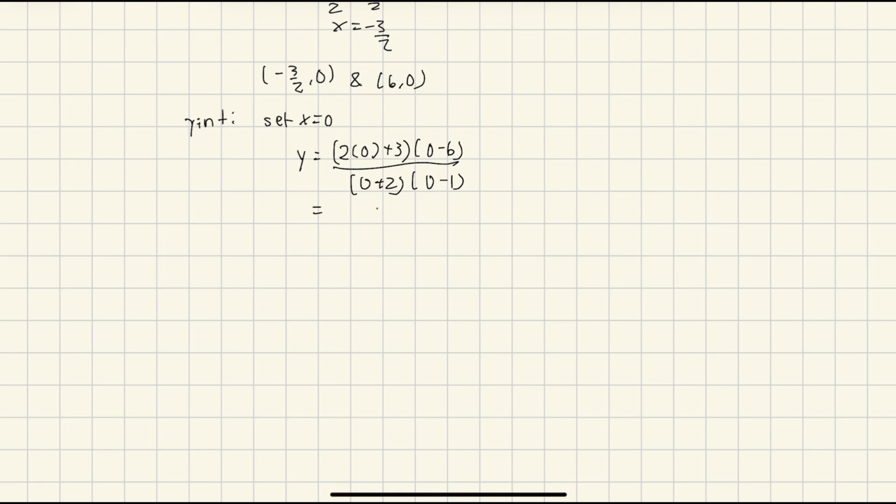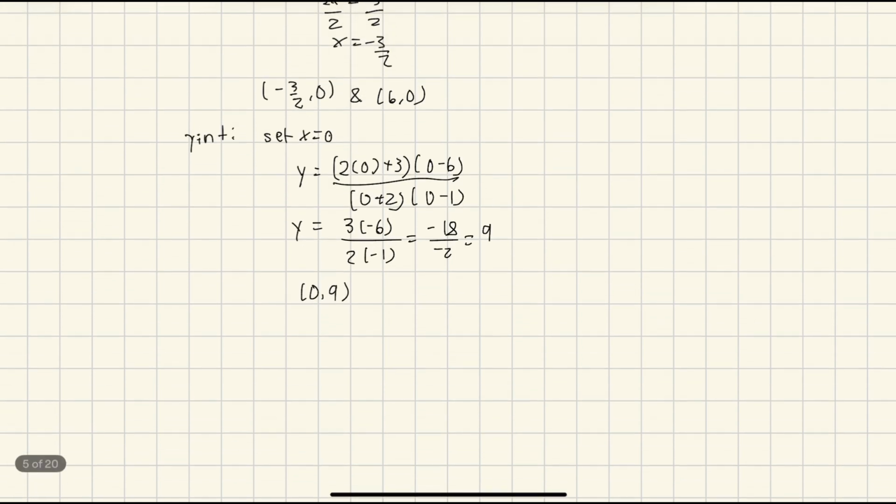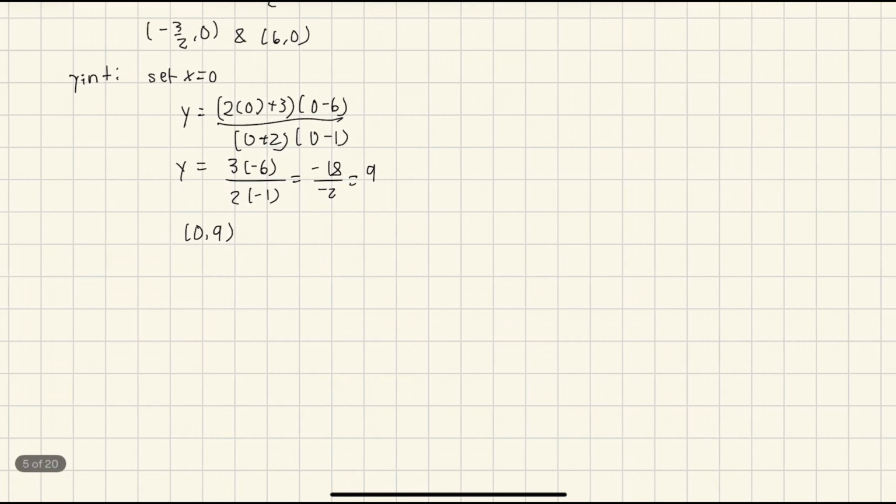So we're going to have 3, then negative 6, and then 2, and then negative 1. 3 times negative 6 is negative 18, divided by negative 2, that's equal to 9. So the y-intercept is y equals 9. That's the y coordinate, so you have 0, 9, because the x value we plugged in was 0. So 0, 9 is the coordinate point.